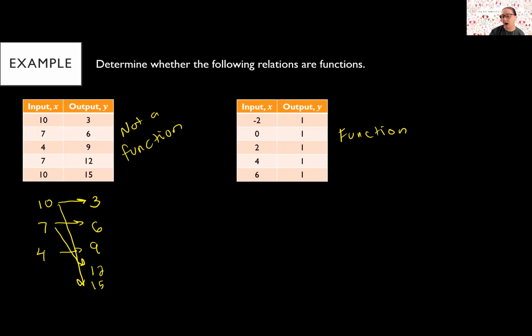We just have to make sure we're not repeating an x value. If you've got a repeated x value, then you have to look at what those outputs are to see, is it the exact same output as the other x that I saw, or is it a different one? Because we don't have any repeated x values here, that automatically makes it a function. So we don't care that the y is 1. That's totally okay.